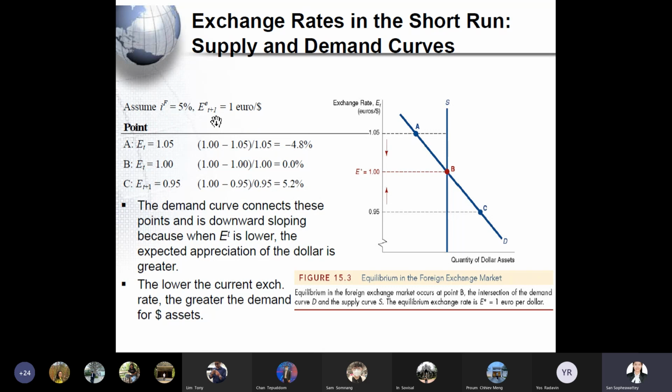So we have an expected exchange rate of $1 per euro, and the interest rate on foreign bank deposits is 5% in this case.